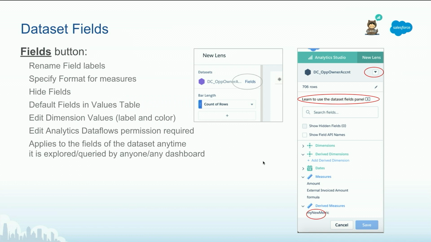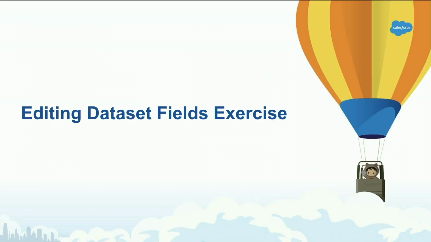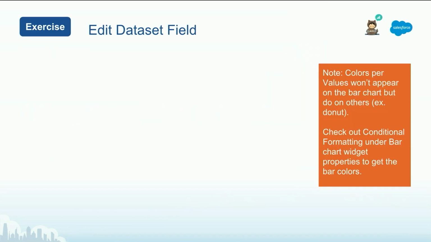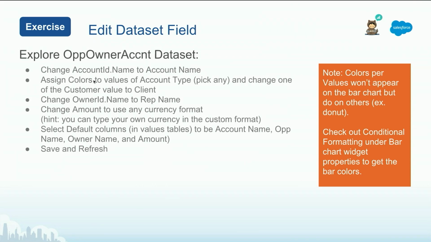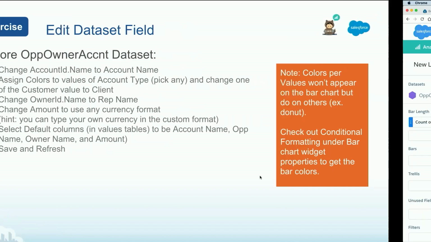Or I need to format the amount to show a dollar sign or another currency or a specific number of decimals, etc. That is where we use fields for the dataset itself. In this exercise, we can edit AccountId.Name to account name, change some of the colors for account type, change owner name to rep name, currency format, default columns, and let's take a look at how that is done through the fields.